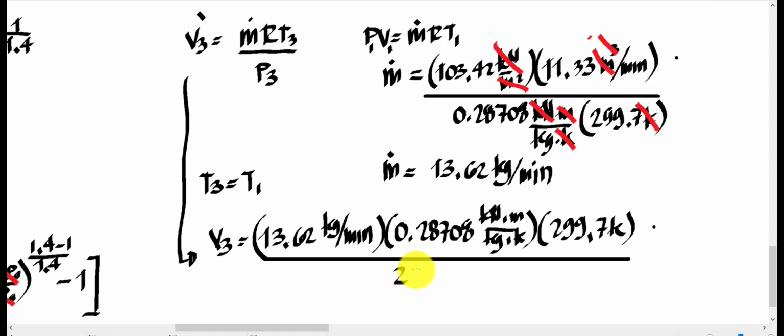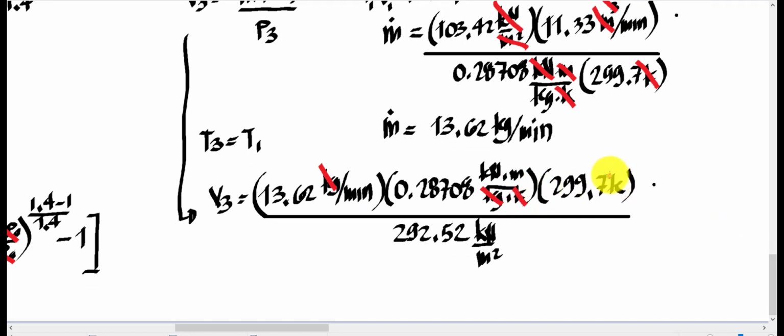Since the value of your PX is 292.52, this will be kilonewton per square meter. So cancel that, our common units here. So we have your kilogram, Kelvin, kilonewton.